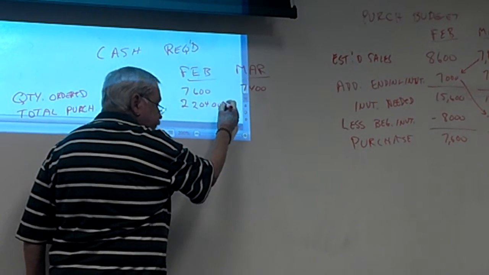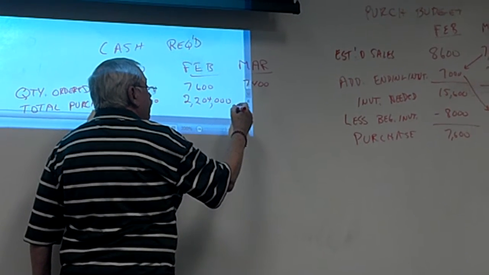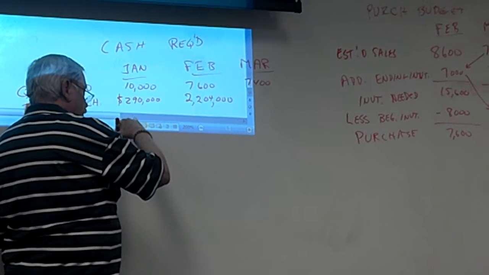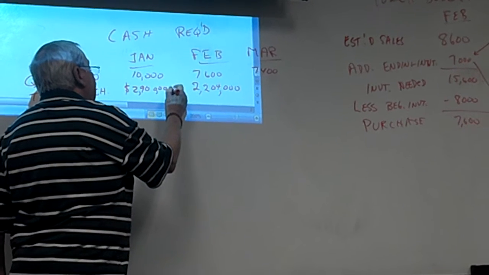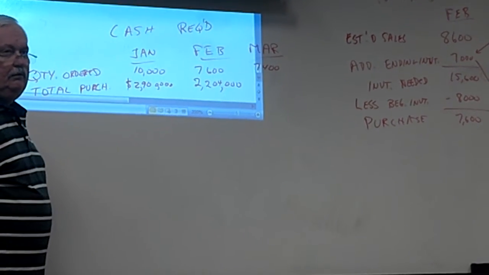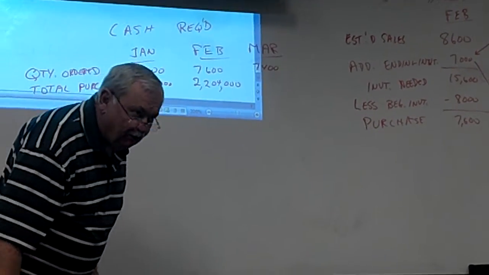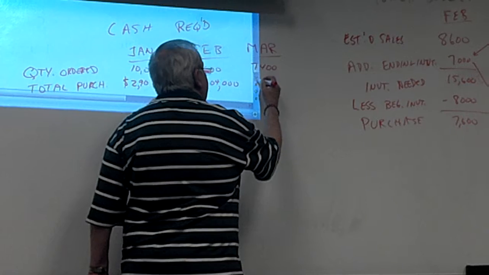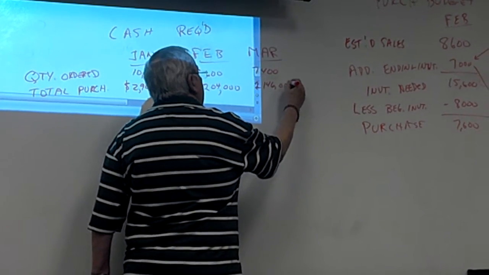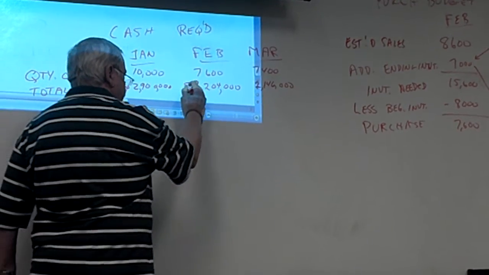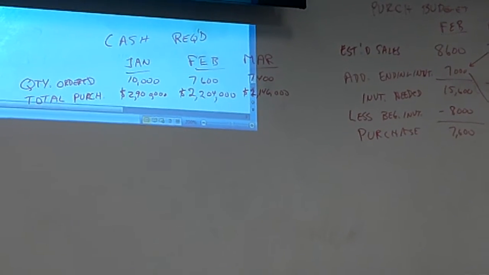Like that? So the first one is 2,900,000, right, in January? Yeah. The last number, I was only off by a zero. It's a normal mistake. 2,146,000. Okay, and these are dollars. Okay, so that's the total purchase.